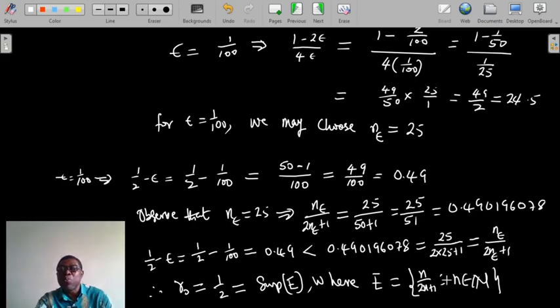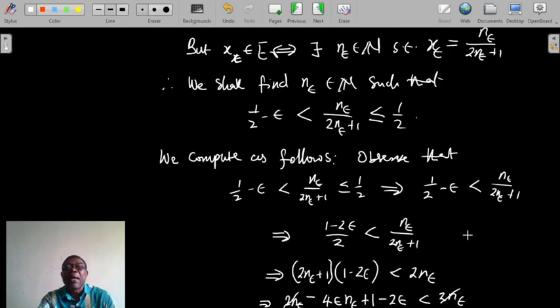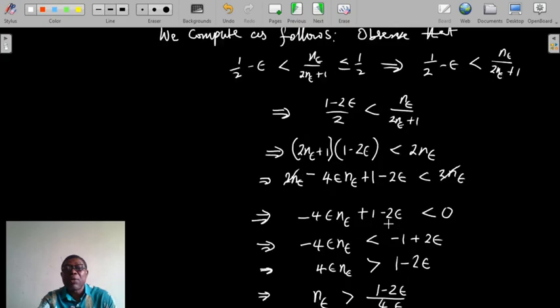So this is the supremum. And you can see, as I said earlier, that to get the n epsilon that will work, we have to face this inequality.